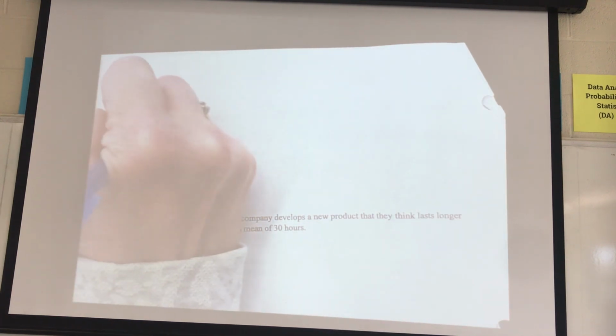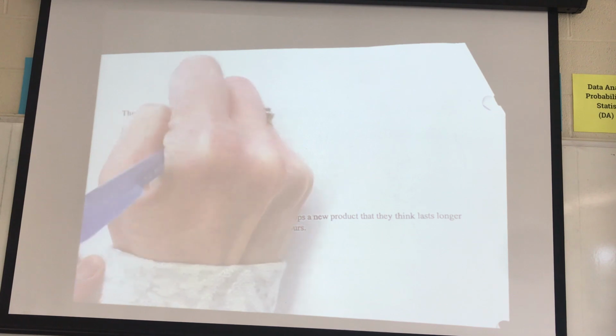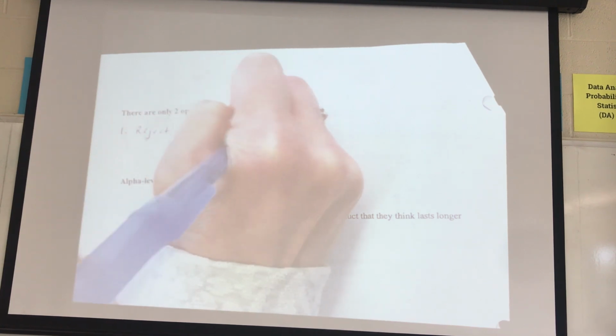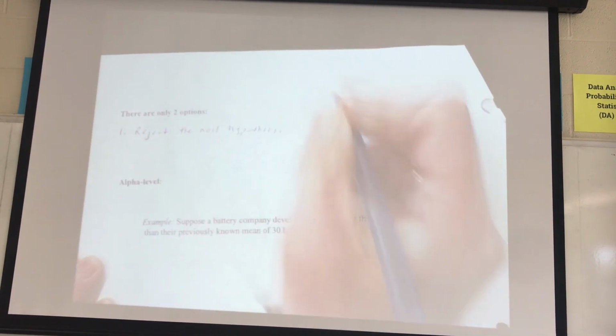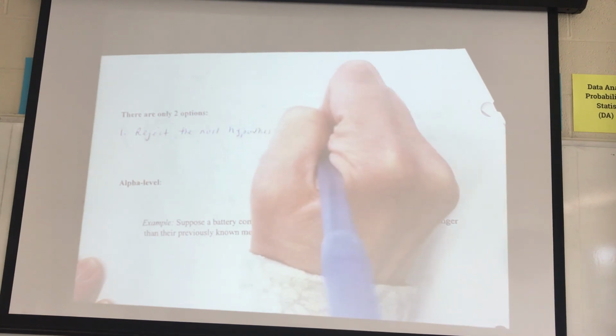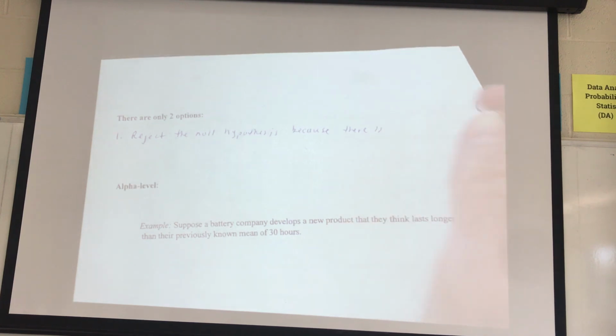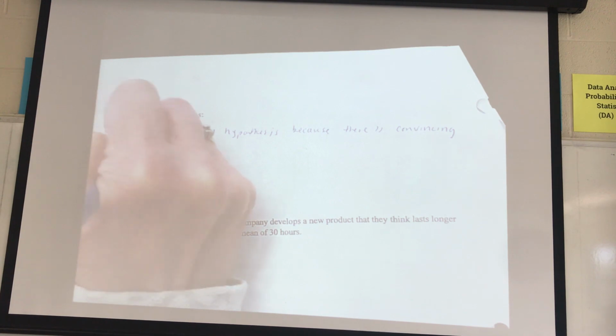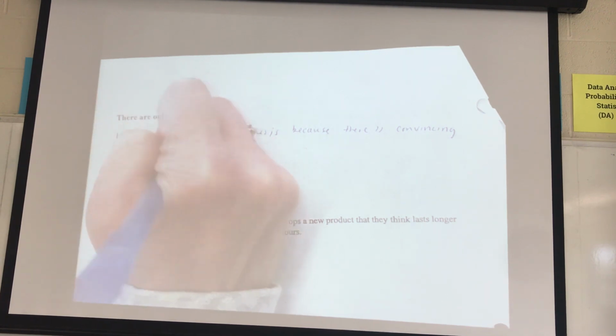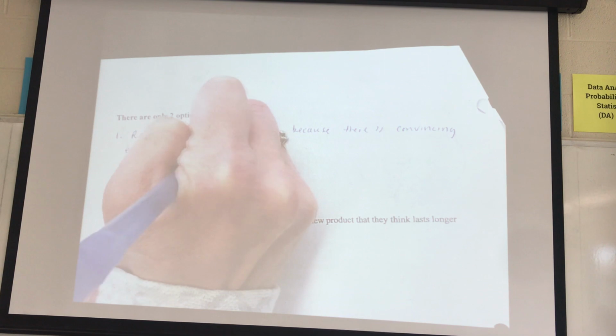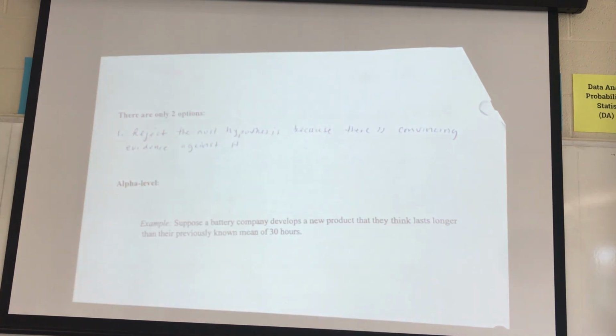The first one is that we reject the null hypothesis because there is evidence against it. So we can reject the null hypothesis because we have evidence against it, and that means we're now in favor of the alternative hypothesis.